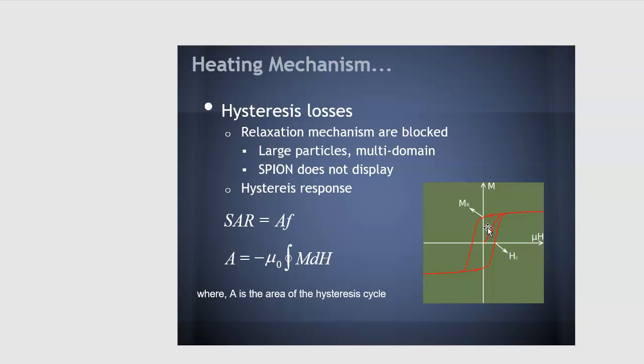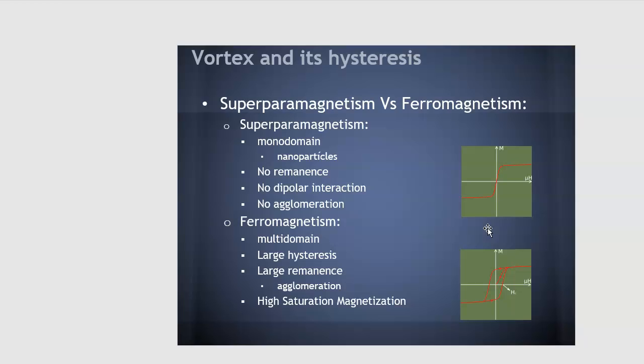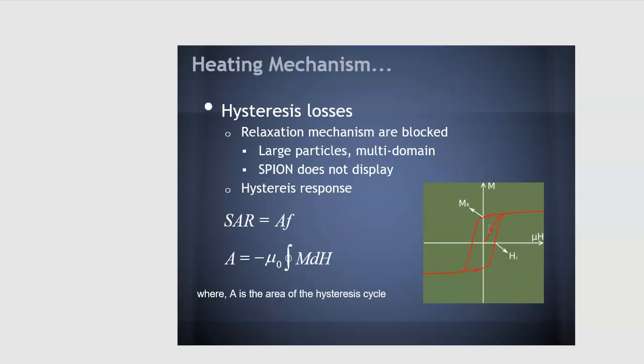And for hysteresis, the specific absorption rate is generally given by the equation A multiplied by F, where A is the area of the hysteresis curve and F is the applied frequency. So basically the hysteresis losses are more if the area is more and if the frequency is more. But these types of effects are dominating in large particles or multi-domain particles.